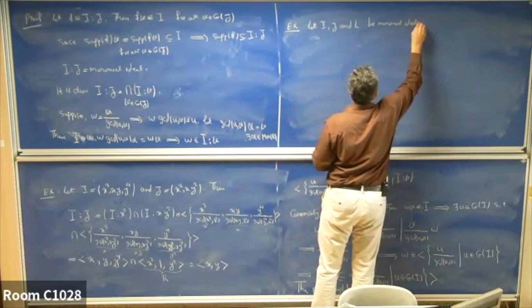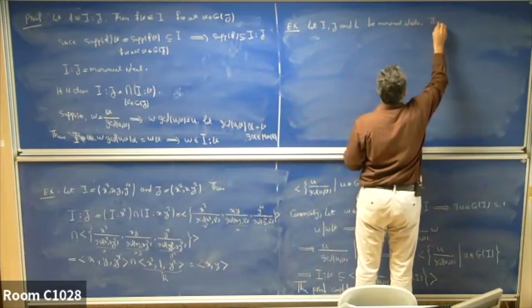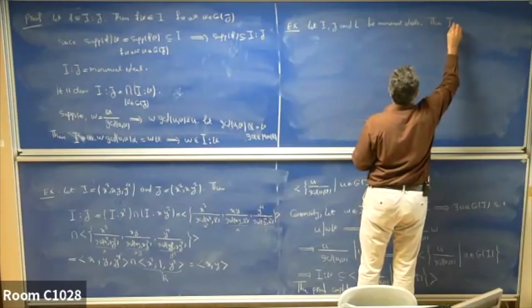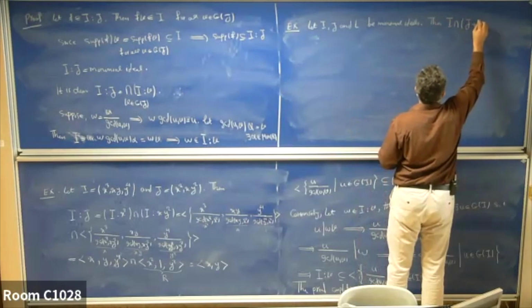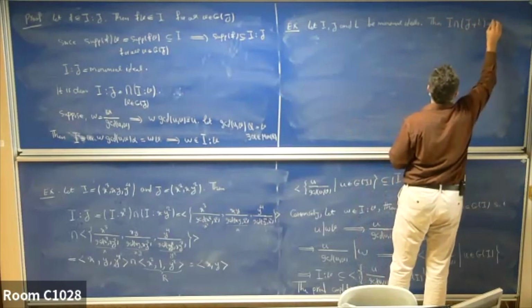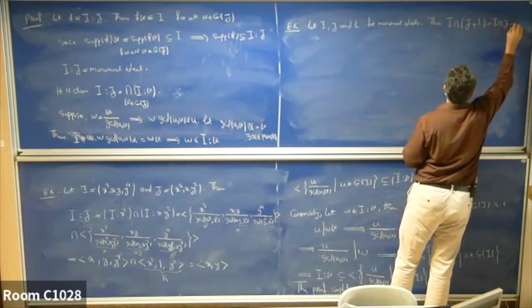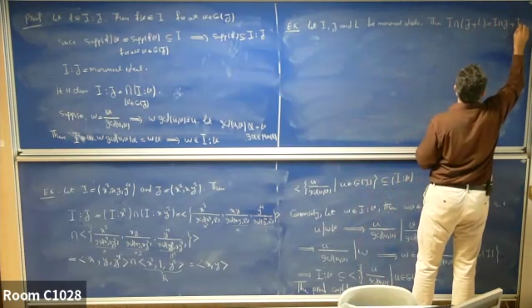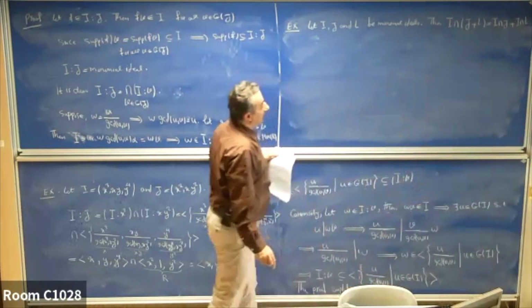Then I ∩ (J + L) is equal to I ∩ J plus I ∩ L. This in general is not true.